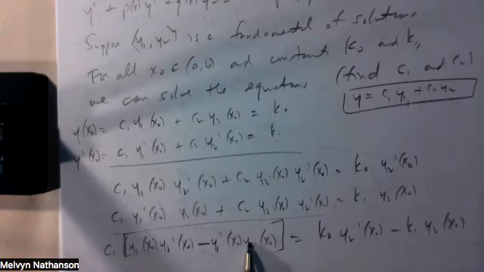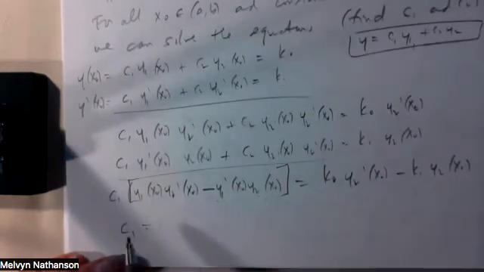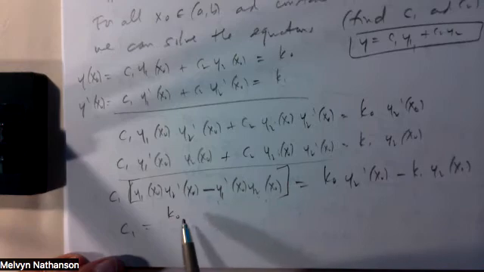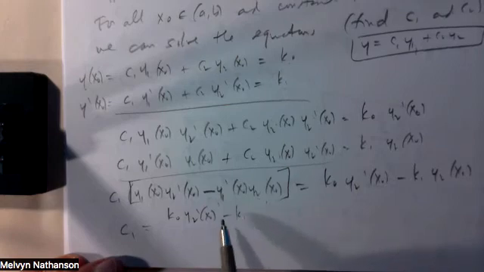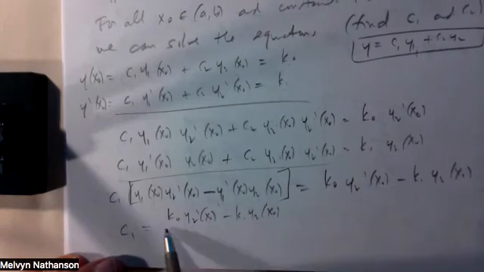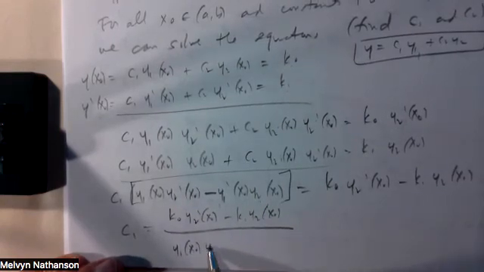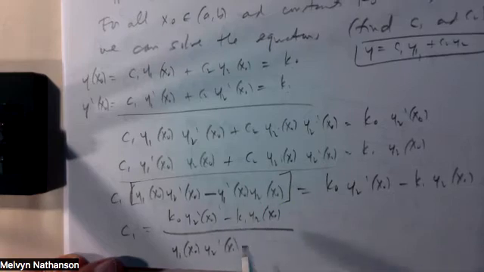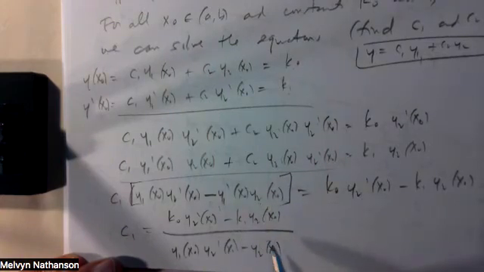If this is different from 0, I can solve for C1. C1 will be equal to k naught y2 prime at x naught minus k1 y2 of x naught, divided by this expression in the brackets, y1 of x naught y2 prime of x naught minus y2 of x naught y1 prime of x naught.